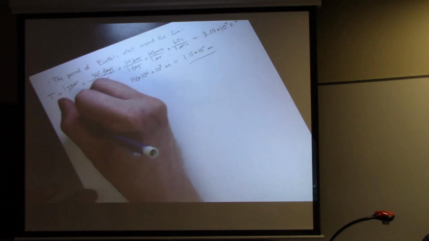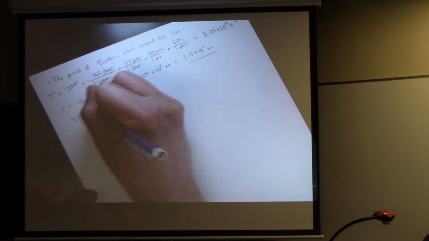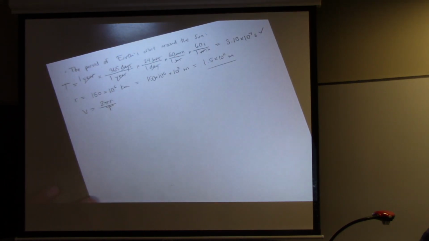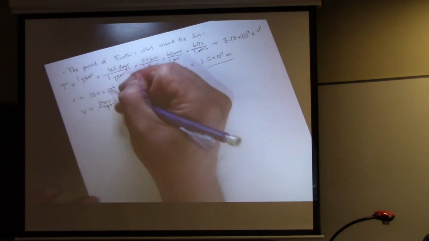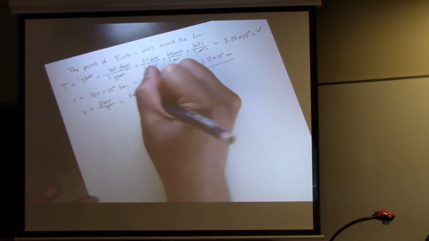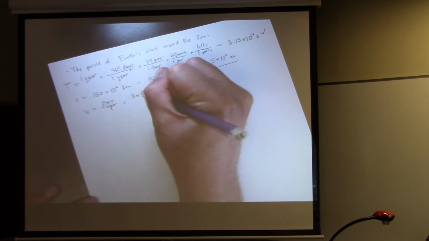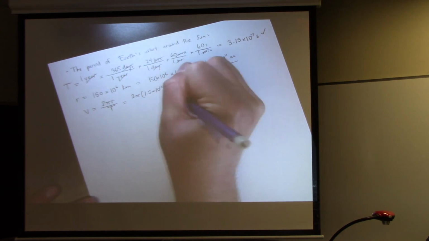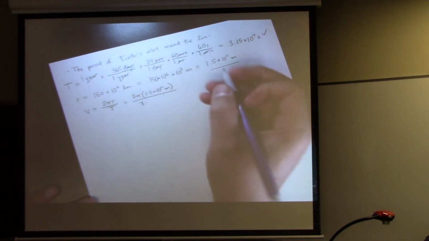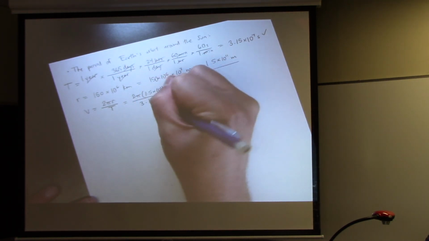And the whole point of this is we can get the speed, the orbital speed of the Earth as it's moving around the Sun. So we have 2 pi r divided by T, just like before. Okay, we have 2 pi. This radius is 1.5 times 10 to the 11 meters. And the time it takes is 3.15 times 10 to the 7 seconds.